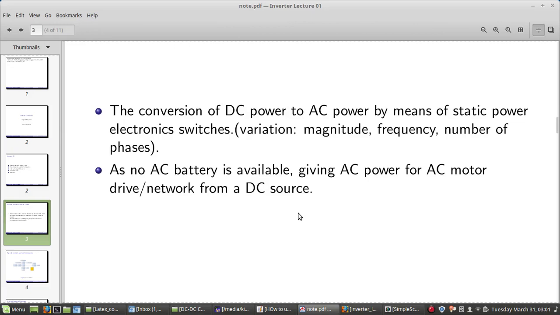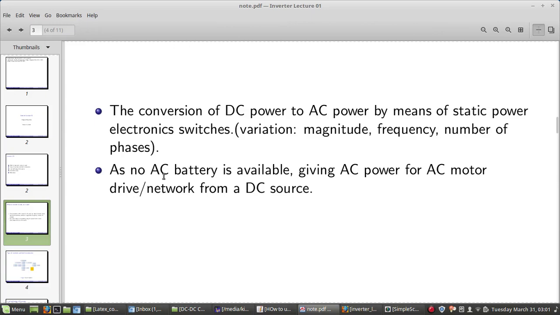Now why do we need the inverter? Reason: already we know that power electronics exists because there is no DC transformer and no AC battery has been invented.